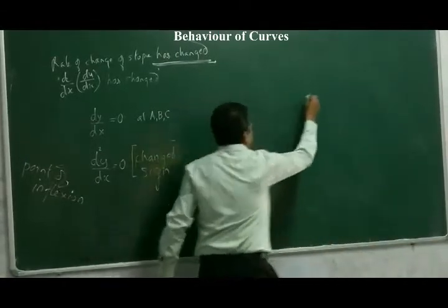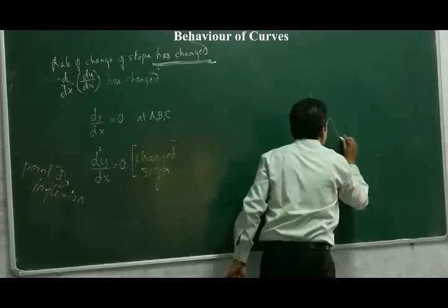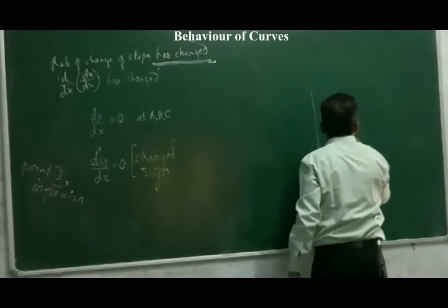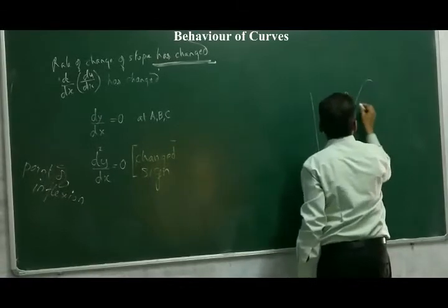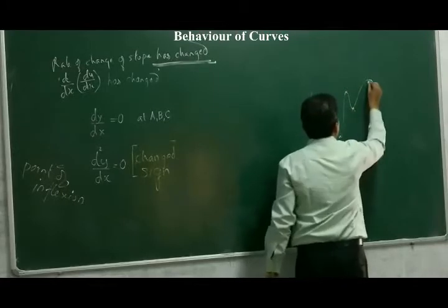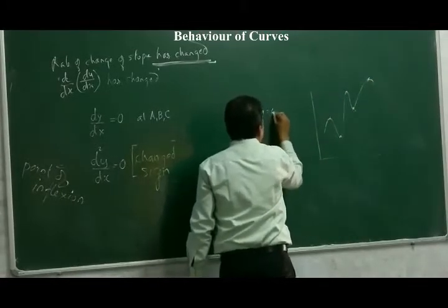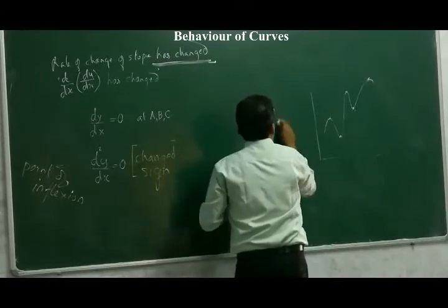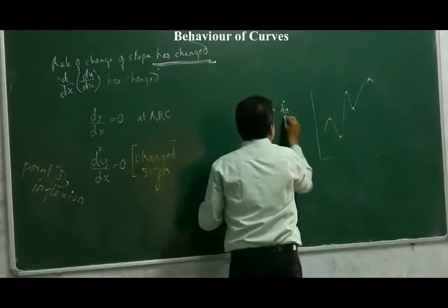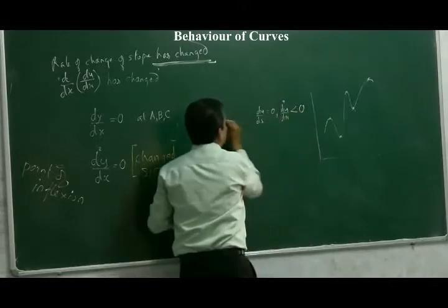Now, I still repeat that. Consider that dy by dx is equal to 0 and d squared y by dx square is less than 0. It is called what point?